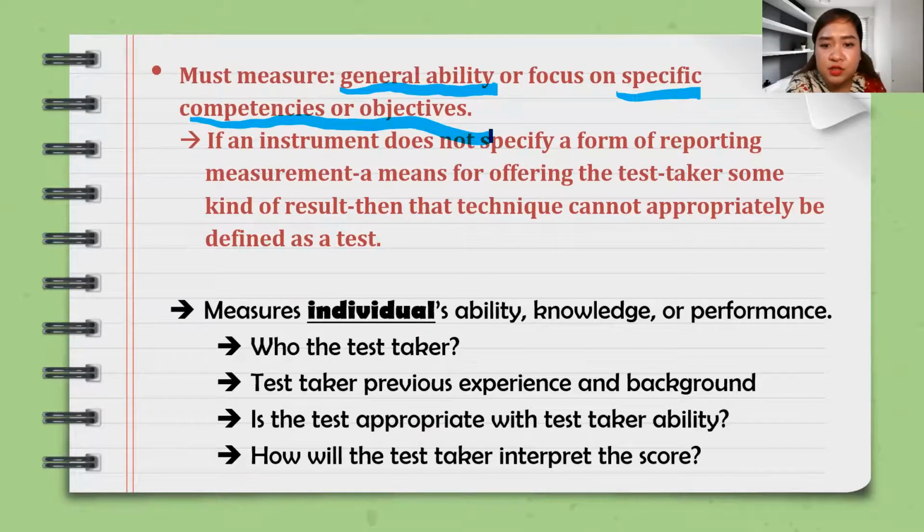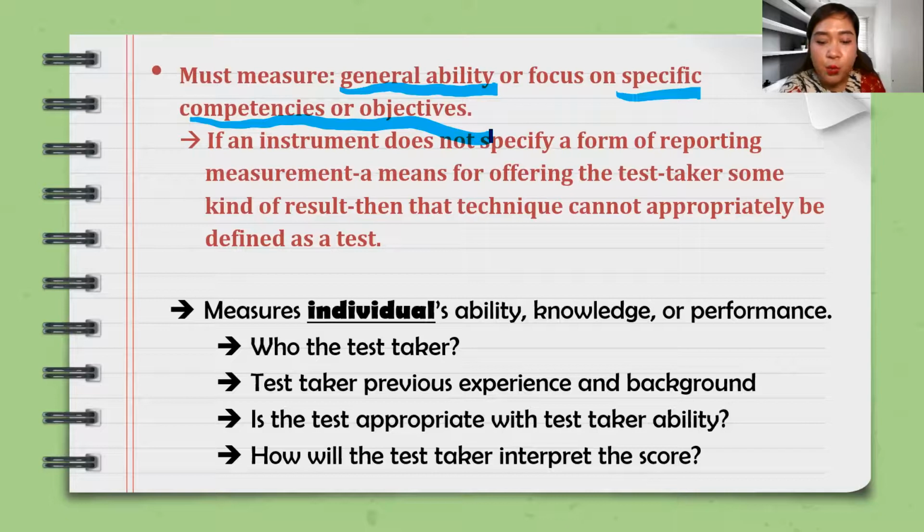If an instrument does not specify a form of reporting measurement as a means of offering the test taker some kind of result, then that technique cannot appropriately be defined as a test. So when you cannot report the measurement, it cannot appropriately be defined as a test. Is it clear?